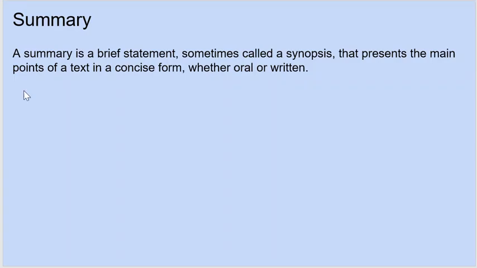First of all, summarizing, the basic premise that we're working off of for this video, is a brief statement. It can sometimes be called a synopsis. It's basically a brief statement that presents the main points of the text in a concise form, whether oral or written. So we're trying to limit it to our first round as a summary sentence.